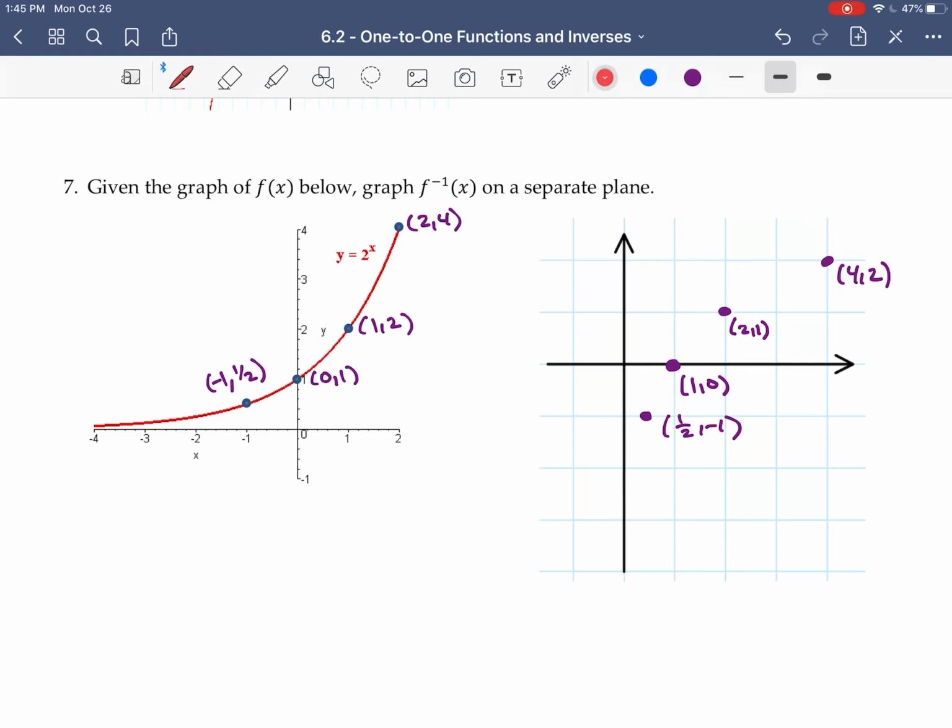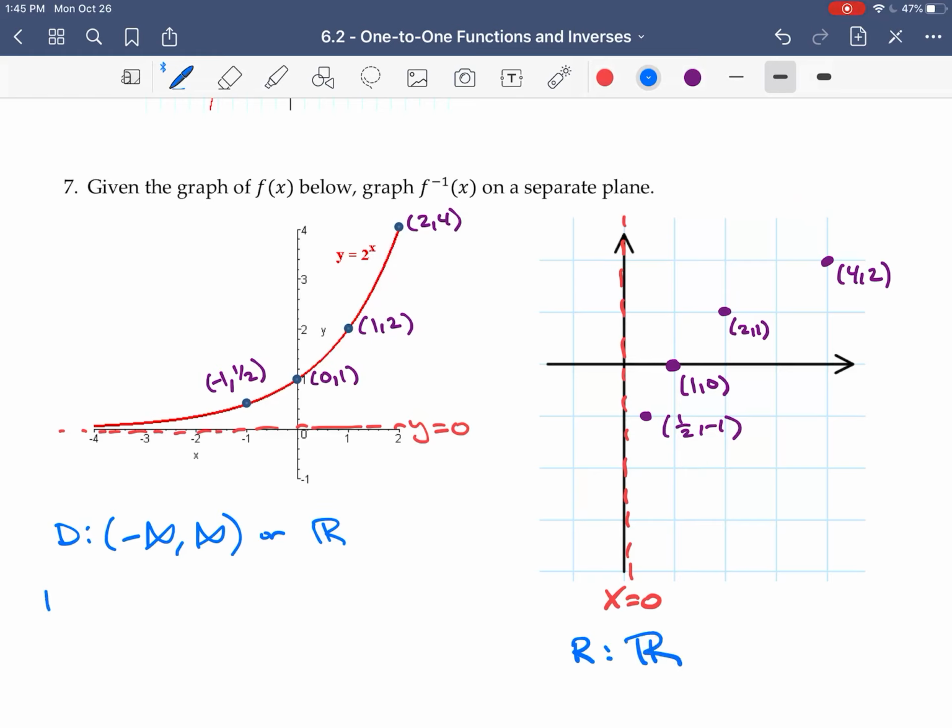And, in fact, here, there's a horizontal asymptote at y equals 0. That's going to translate into a vertical asymptote of x equals 0. Okay, also, the domain over here is negative infinity to infinity, or all real numbers, which means that the range over here should be all real numbers.